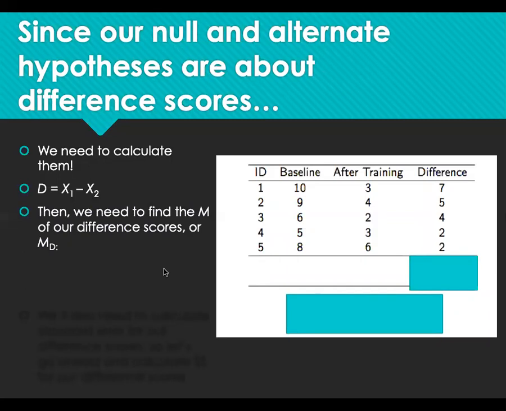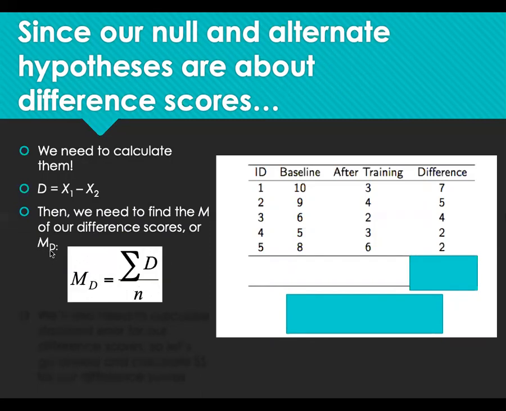And then we need to find the average of our difference scores, or mean difference. That's notated by the capital M for the sample mean versus population mean, with subscript D. And to do that, you're going to take the sum of the differences divided by n. And just note, the difference scores can be negative. That's okay, right? Even when, if you remember way back when we were calculating sum of squares, squaring can always get rid of the negatives.